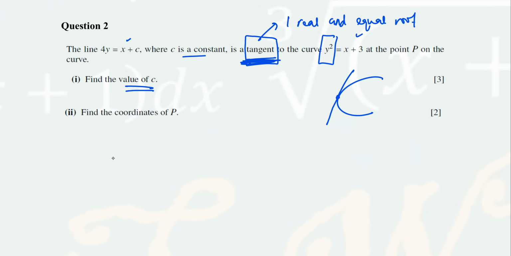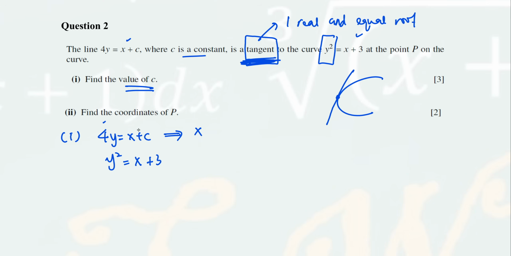From the first equation, 4y equals x plus c, and then y squared equals x plus 3. You can either eliminate the x or eliminate the y. It's up to you. I will eliminate the x from the first equation, because I have a 4y here.